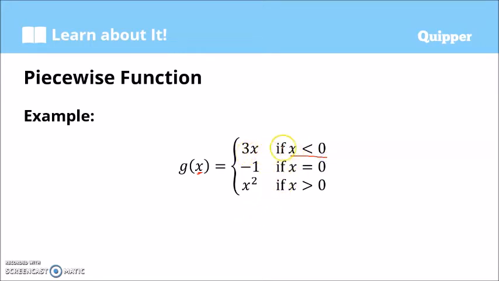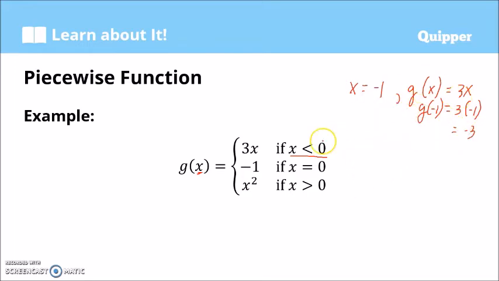So, ibig sabihin nito, if x is negative 1, wherein negative 1 is less than 0, so, ang g of x mo ay equals 3x. Okay? 3x. So, if your x is negative 1, that would be g of negative 1, that is 3 times negative 1, and that is equal to negative 3.